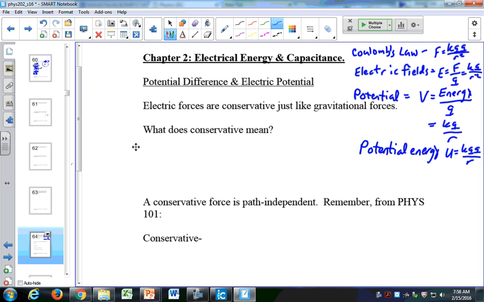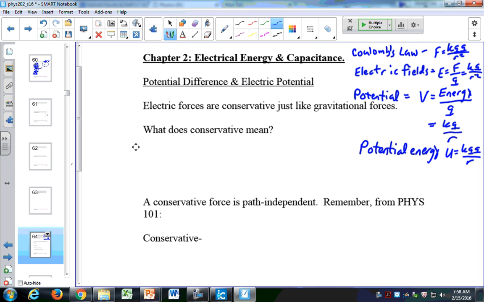And so just take a little time to familiarize yourself with them. And of course, as you're working through the homework, that'll help too. We've already seen a lot of these too, because a lot of these will look similar to what we saw with gravitational potential and gravitational potential energy.